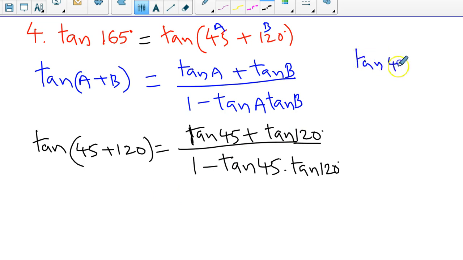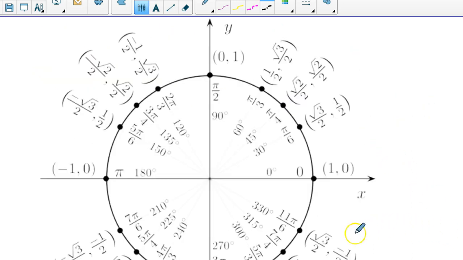Tangent 45, we know that it is equal to 1 because it is isosceles triangle, and tangent 120, let us refer to unit circle. We have for 120 degrees, your sine 120 is root 3 over 2 and the cosine 120 is a negative 1/2.